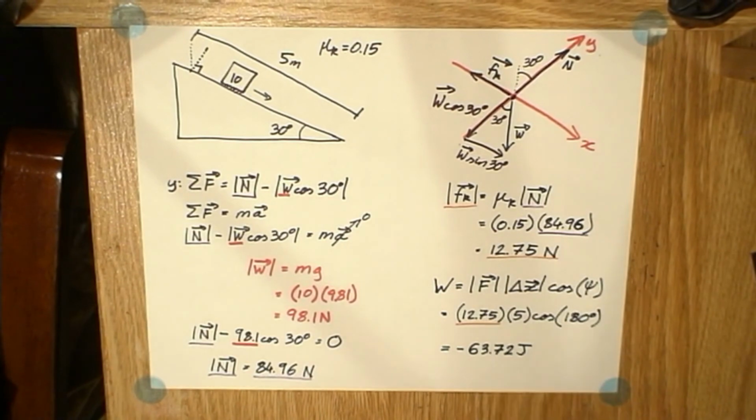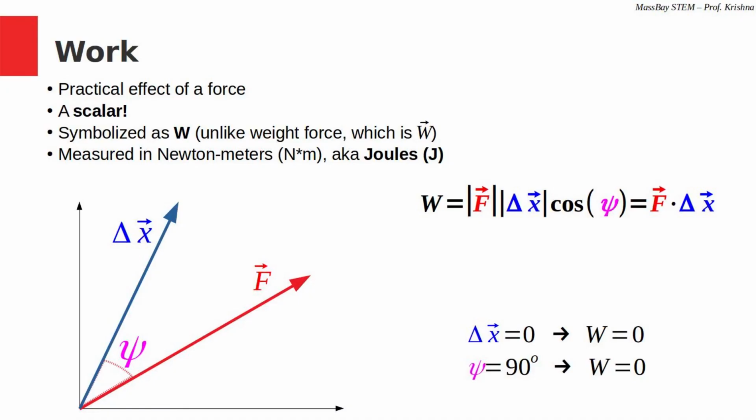And that's in joules. When a force points opposite the direction of motion, the work is negative. More generally, if the angle between force and displacement is more than 90 degrees, the force performs negative work. The classic example of a force that does negative work is kinetic friction, but there are others.